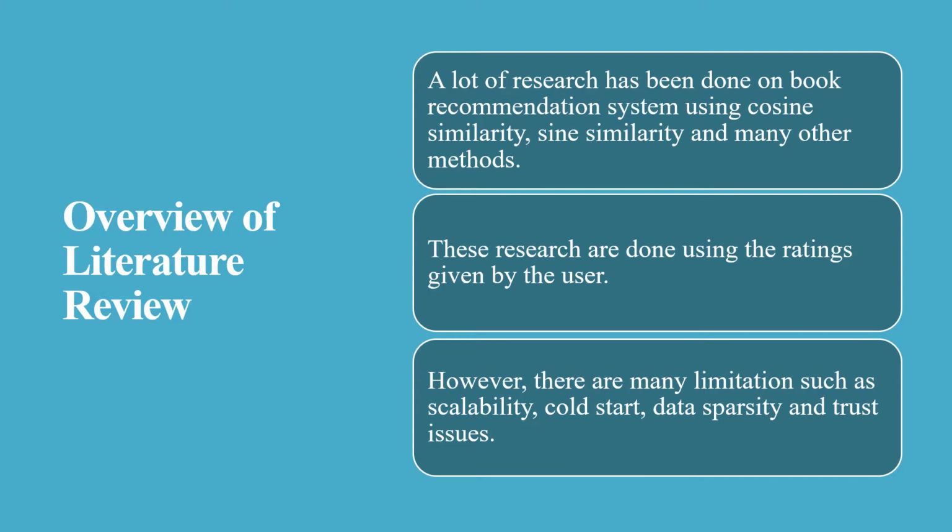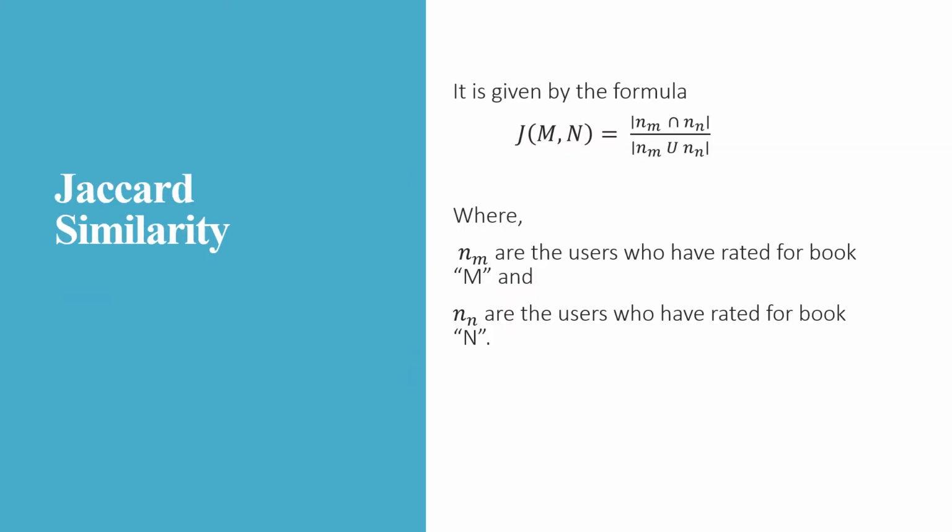I have used Jaccard similarity for this book recommendation system. Now let us understand what Jaccard similarity is. Jaccard similarity is basically intersection over union, where there are two books, book 1 and book 2. The users who have rated both books are kept in the numerator, and the users who have rated either book 1 or book 2 are kept in the denominator.